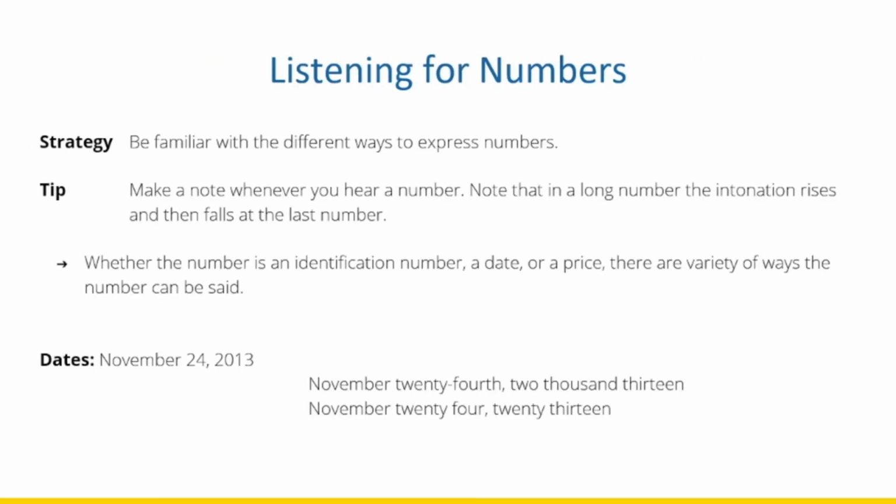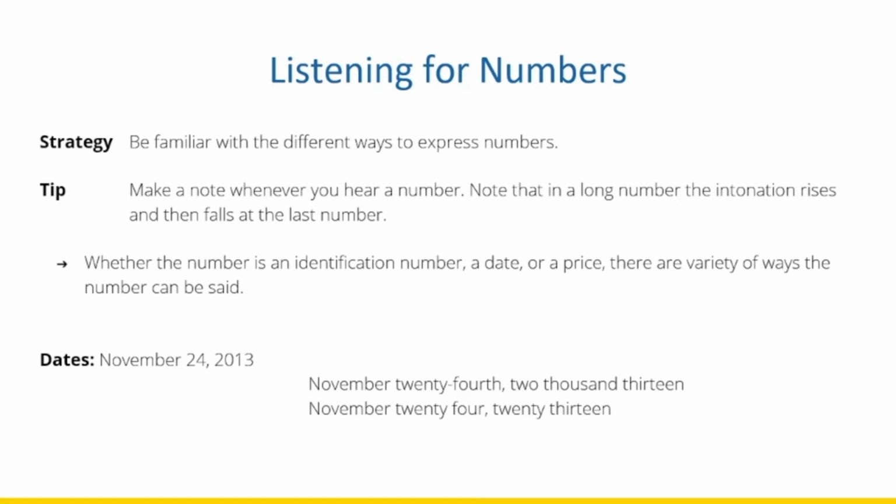Our next general strategy is listening for numbers. Our strategy for this task is to be familiar with different ways to express numbers. Remember that taking notes is very important, and whenever you hear a number, make sure to do that. Also keep in mind that when we have a long number, the intonation rises and then falls at the last number.